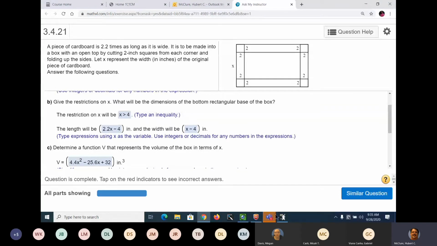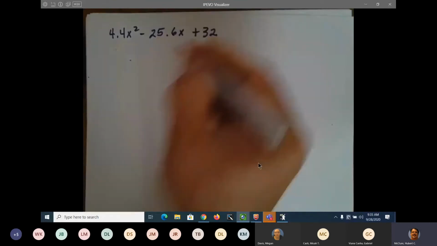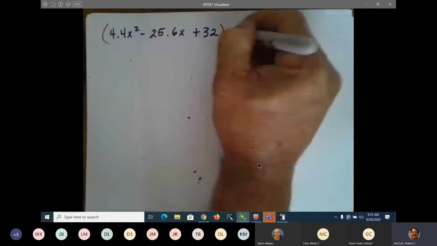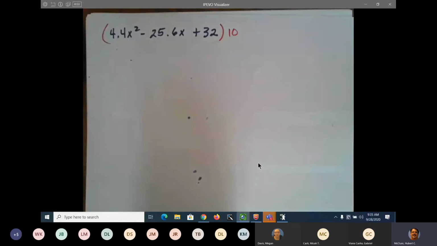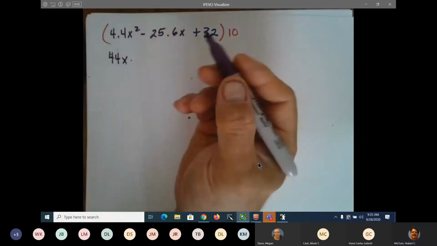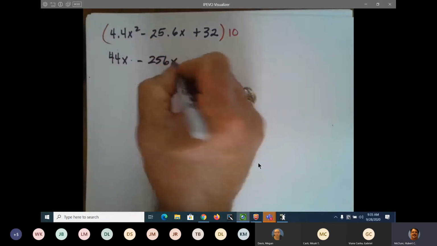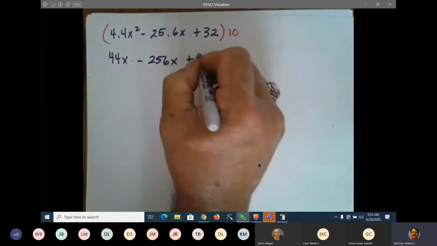Now, there are 2 ways to do this problem. One is to clear the decimals, multiply by 10, and do it by completing the square. That would be 44x squared minus 256x plus 320.